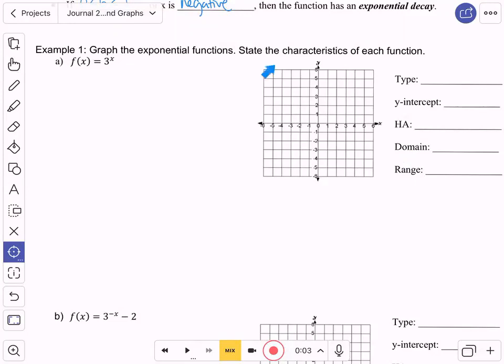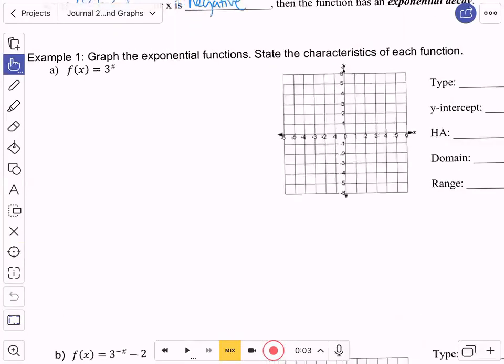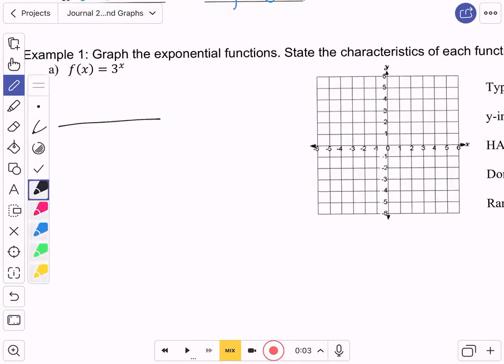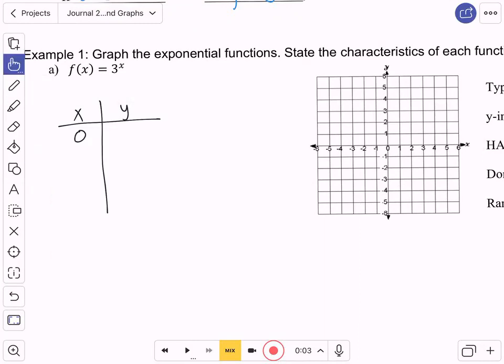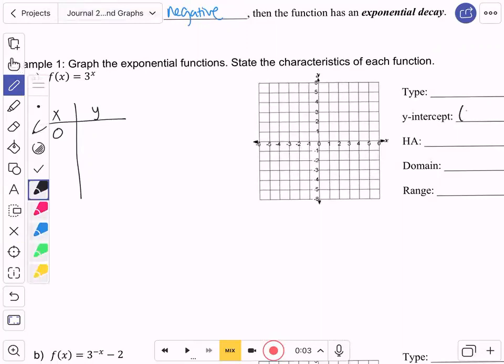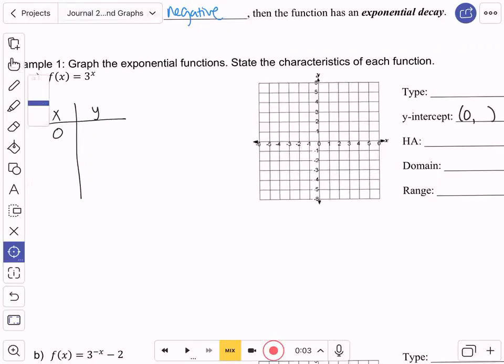So first off, let's talk about making a t-chart. One of the strategies I use is to always choose 0, because you have to find the y-intercept anyway. The y-intercept is where x is equal to 0, and then you have to find what y value it is.